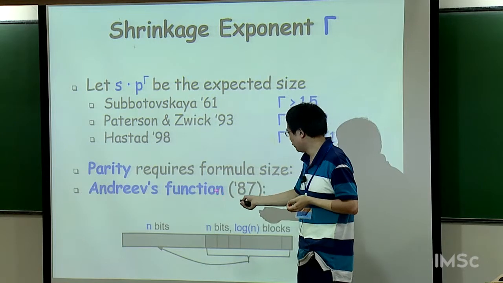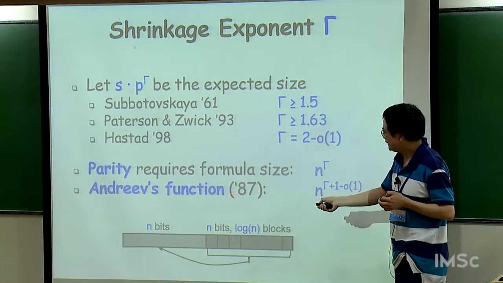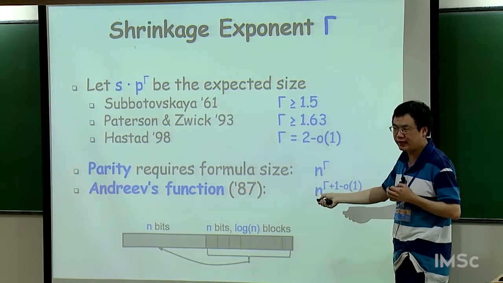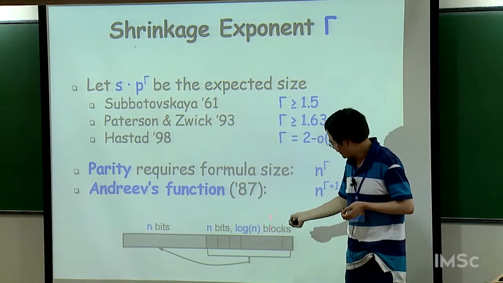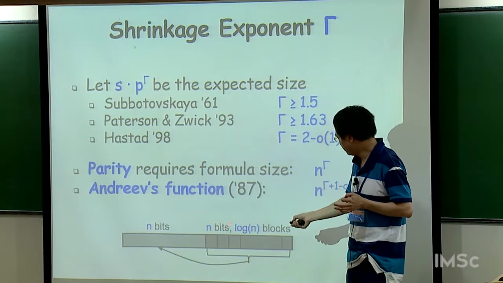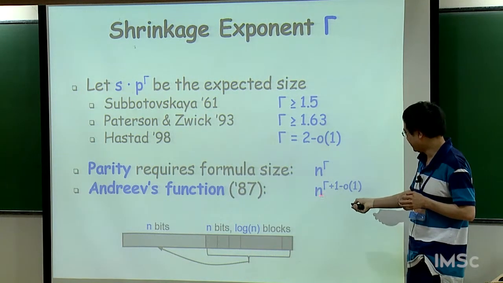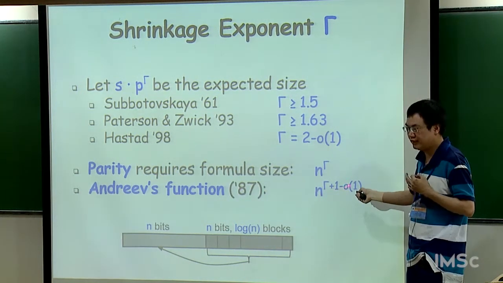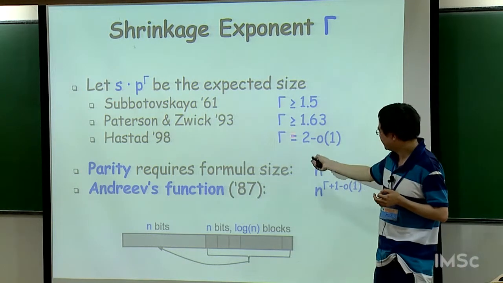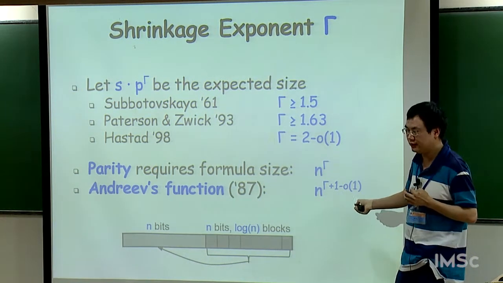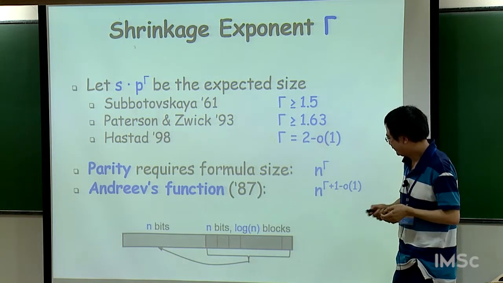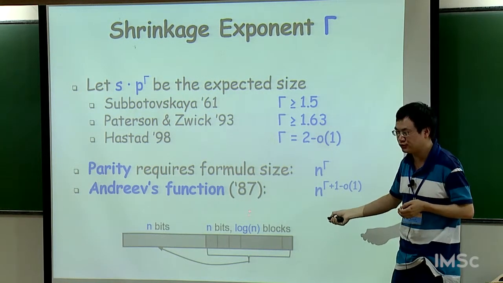The best formula size lower bound is given by Andreev's function. Andreev constructed this function which is hard for formulas of size up to n to the gamma plus 1 minus little o(1). Using Hastad's result, this is almost cubic size, n cubed. So let's have a quick look at Andreev's construction.